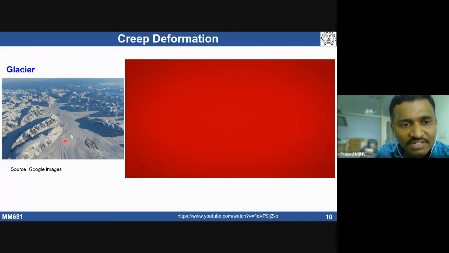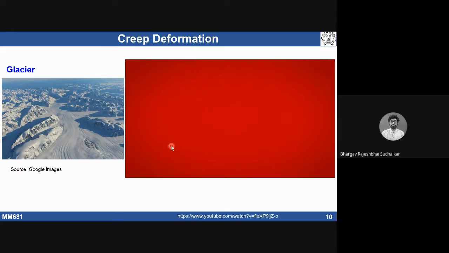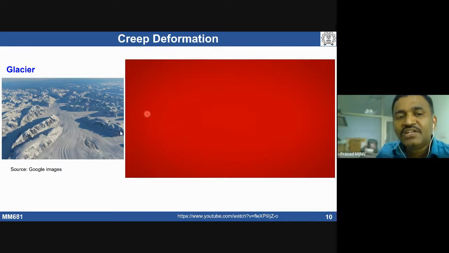All these things are called glaciers. A formation of ice. So ice also undergoes creep deformation, and there is a huge science behind it. Creep deformation of ice is studied to understand how glaciers react with the atmosphere.